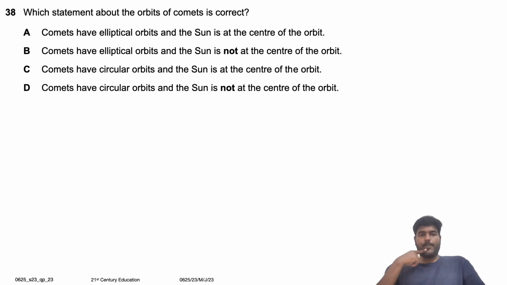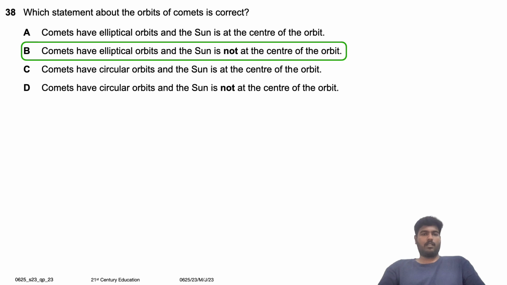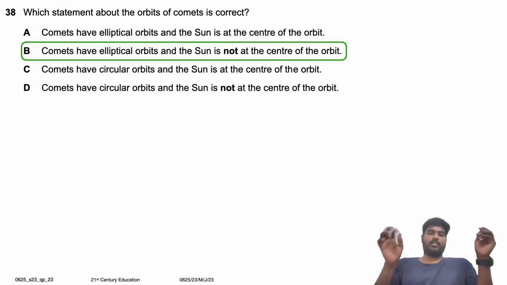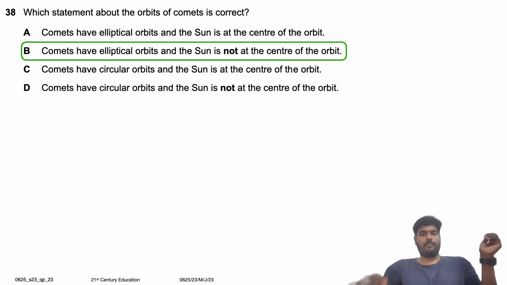Which statement about the orbits of comets is correct? First, it's an elliptical orbit, and for an ellipse the sun will not be in the center. The sun will be one of the foci. So comets have elliptical orbits and the sun is not in the center of the orbit, it's just one of the foci.